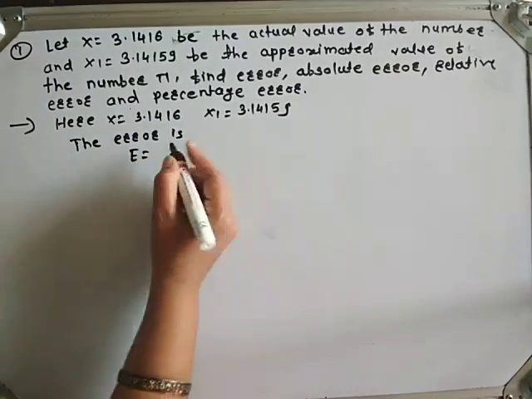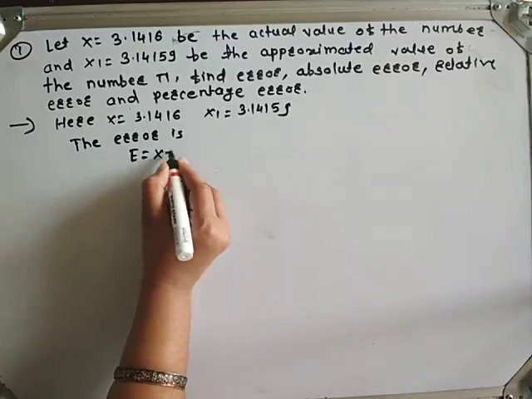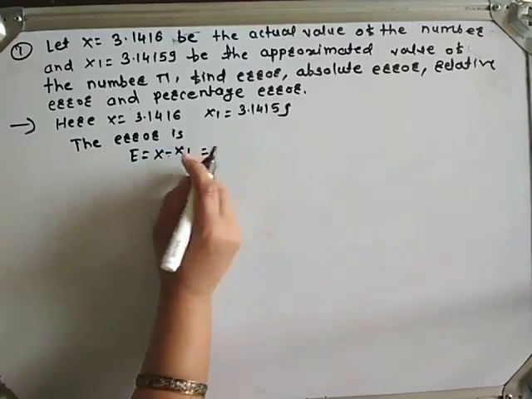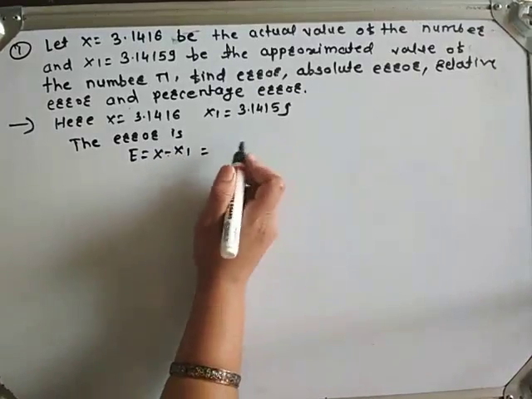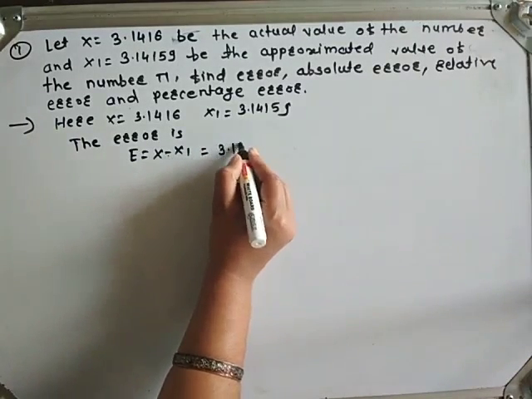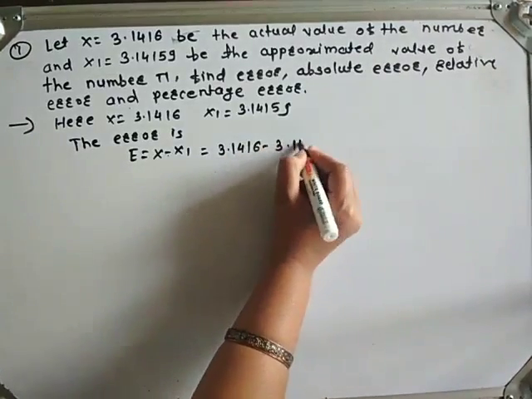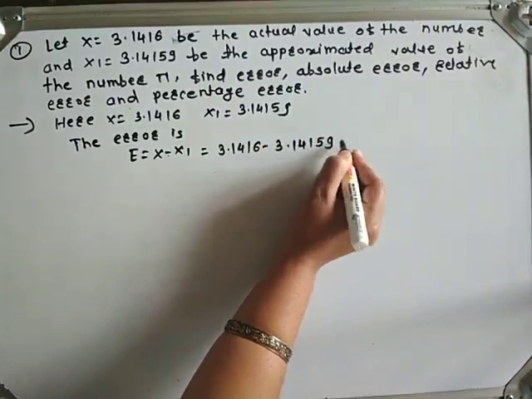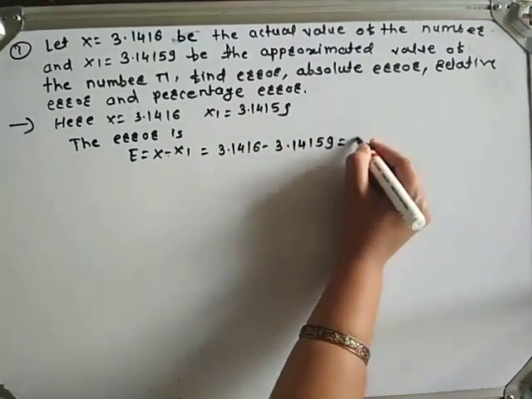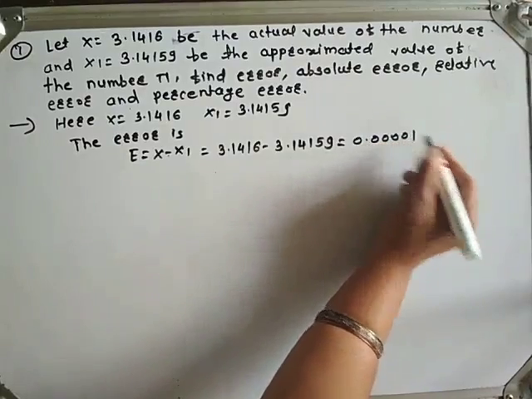Error is denoted by capital E, which is equal to x minus x1, that is actual value minus approximated value. What is actual value? 3.1416 minus x1 is 3.14159, which is equal to 0.0001.